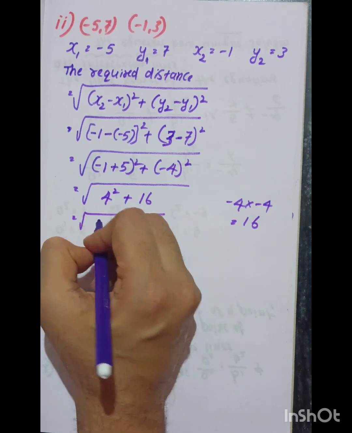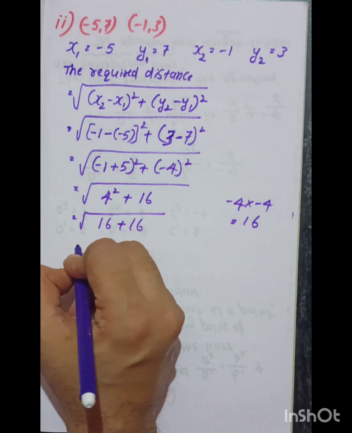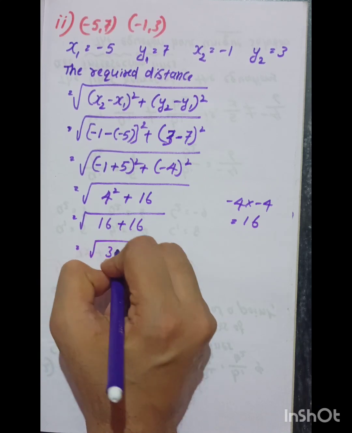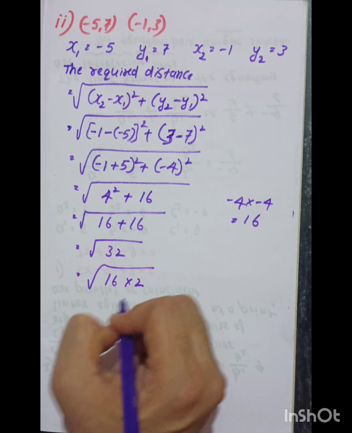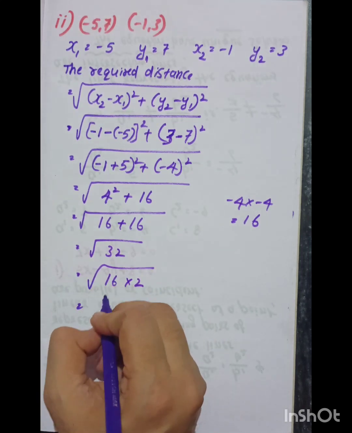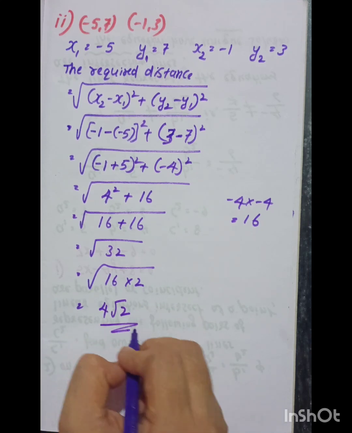Now 4 square means 16, plus 16, that is you will get 32. You can write 32 as 16 into 2. If we remove 16 out of the square root, it becomes 4 root 2. Your answer is 4 root 2.